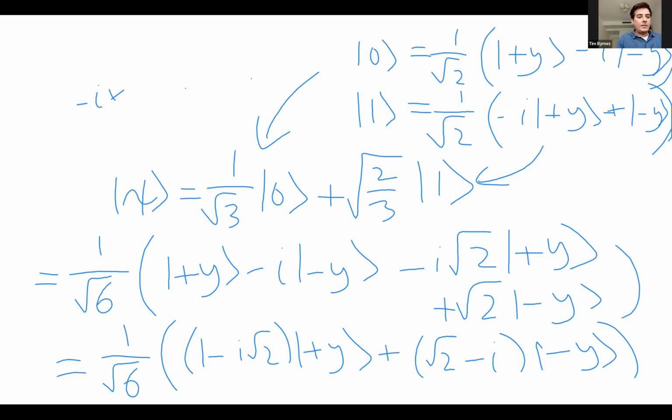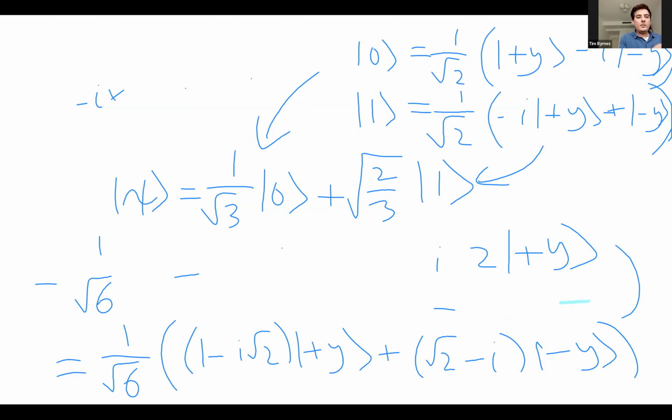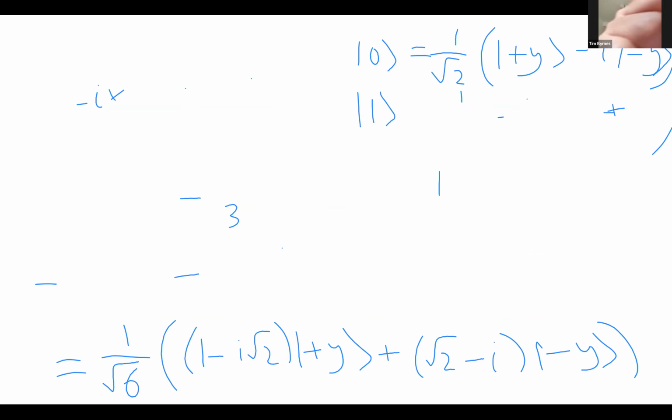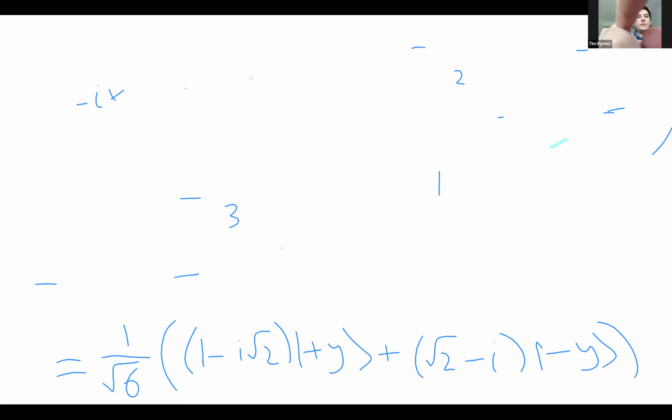And so when you write the tensor product of that with the state that Bob has, and Bob's state was just minus y, right? What we need to do is take this one and do a tensor product of this state with the state minus y.